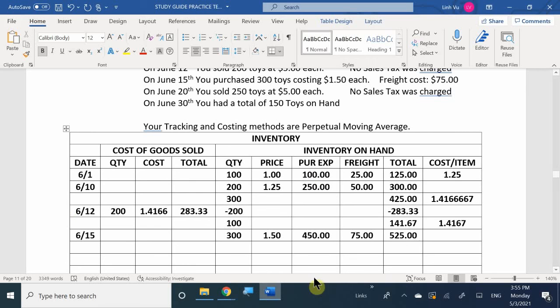Okay. So therefore, I just increased my inventory once again. So now I should have a total of 400 toys at a total cost of $666.67. Oh, wow. These are great numbers.